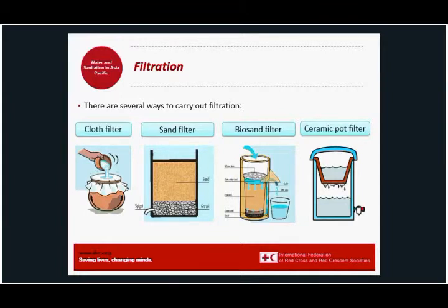There are several ways to carry out filtration. As we can see on the slide, there is cloth filter, sand filter, biosand filter, and ceramic pot filter. Let's start with cloth filter. For cloth filters, the higher the thread count, the more closely woven the cloth is, which means it will filter the water better.